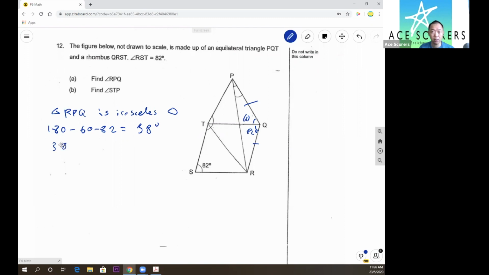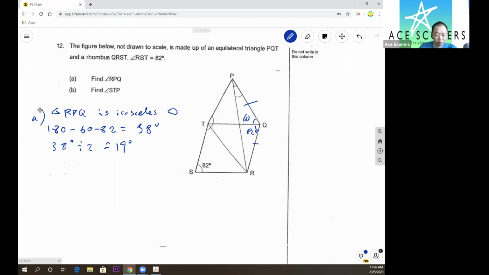So 38 degrees divided by 2 is 19. Right? So A is just 19 degrees, because of the isosceles triangle.